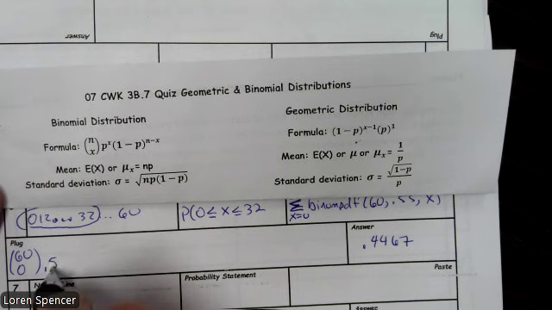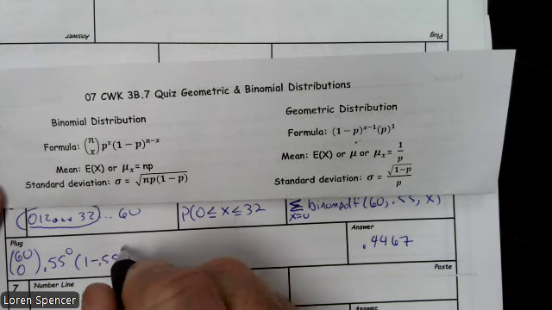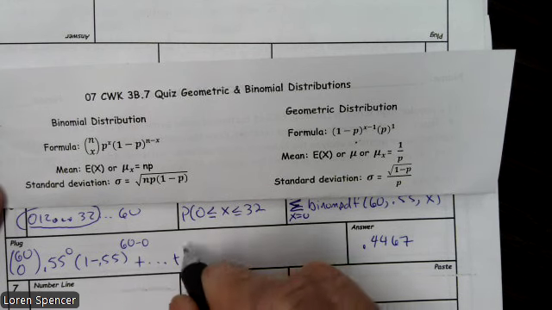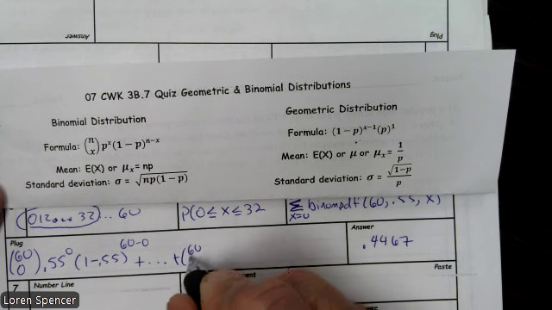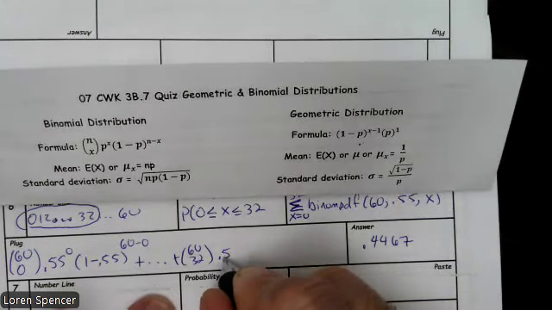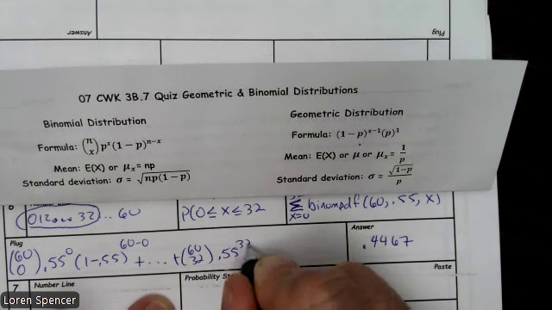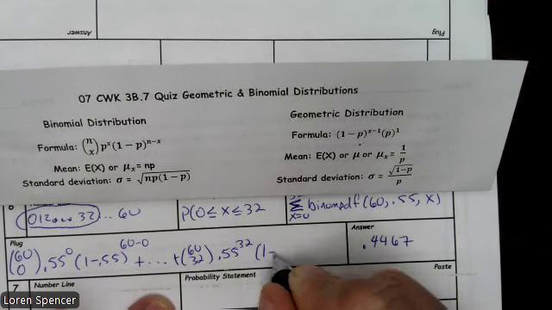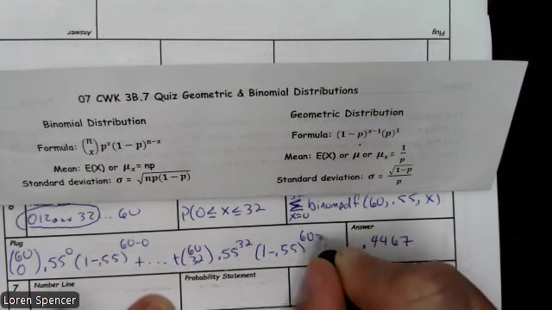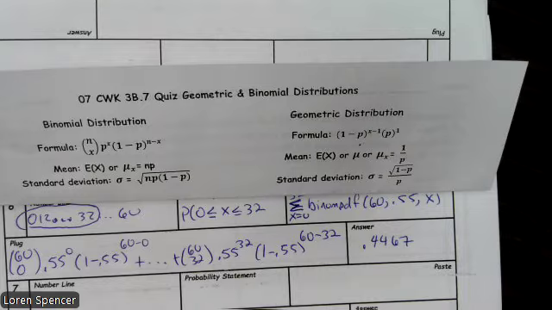So 60 choose 0 times 0.55 to the 0 times 1 minus 0.55 to the 60 minus 0, plus dot dot dot plus 60 choose 32 times 0.55 to the 32nd times 1 minus 0.55 to the 60 minus 32.